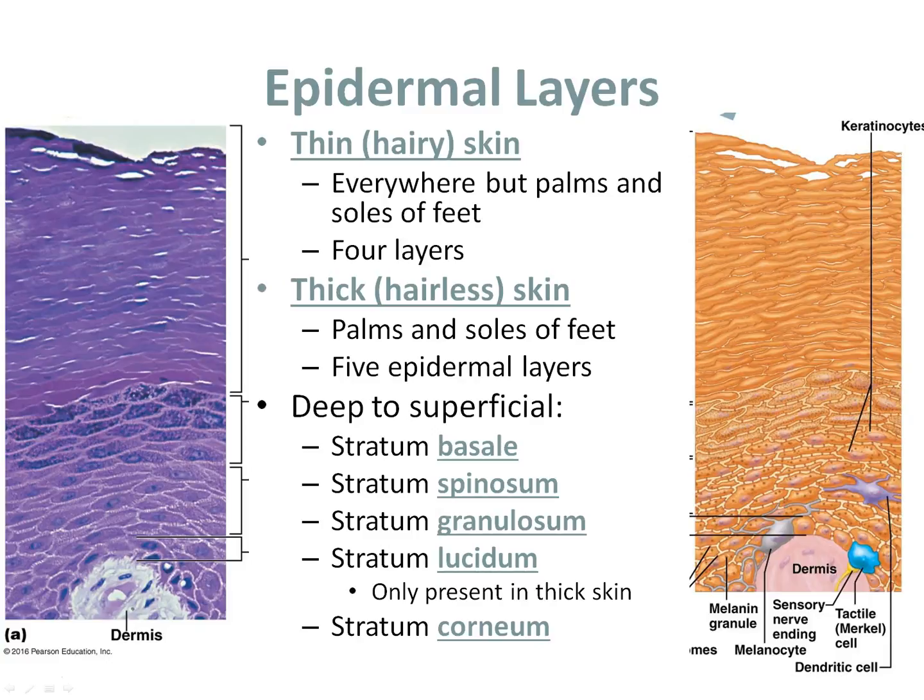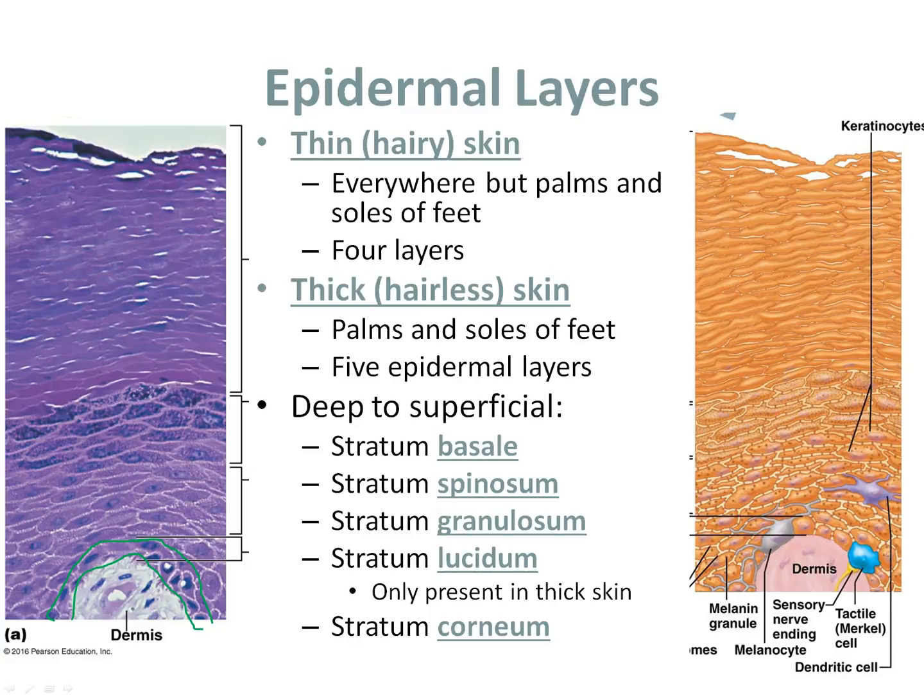So going from deep to superficial, we have the stratum basale, which is the deepest layer. We also can call this the germinal layer. In lab we talk about how this layer is the layer that produces our new cells. So this layer right here is our stratum basale, and it's the germinal layer.